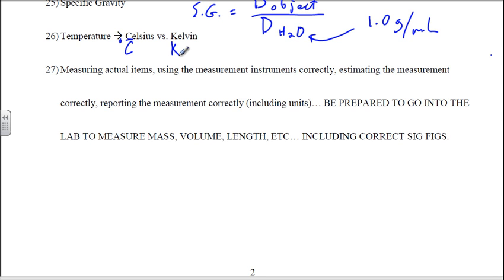And then be aware of the definition for Kelvin, or how do you convert to Kelvin given Celsius. So Kelvin equals however many degrees Celsius there are plus 273. Know that formula. There'll probably be one question just using that formula. If the temperature is 100 degrees Celsius, what is it in Kelvin?